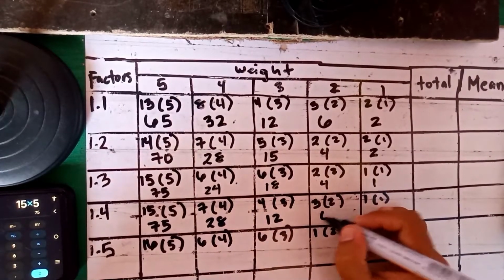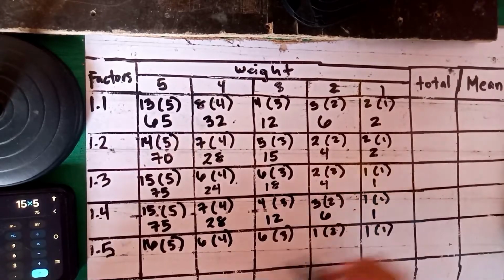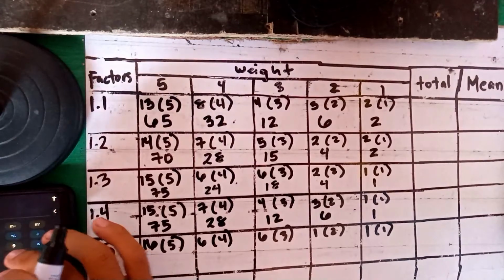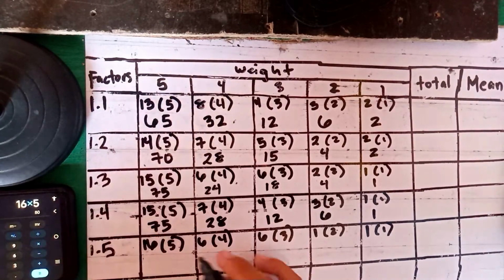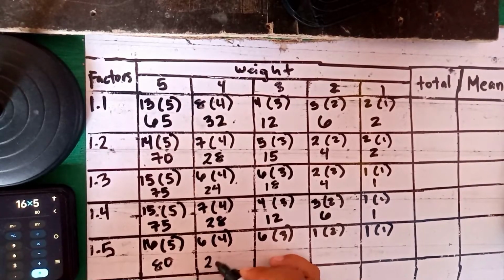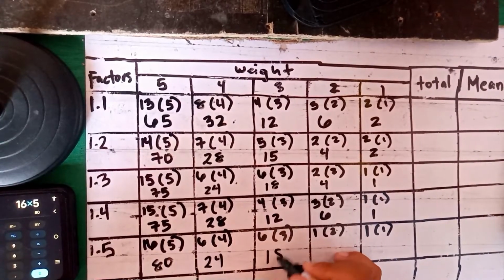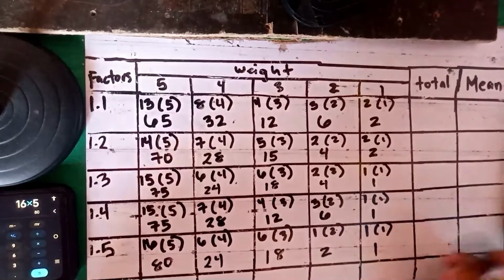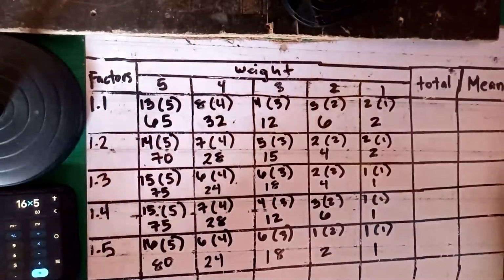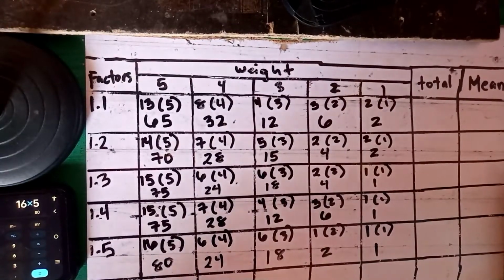And then 3 times 2 is 6. And then 1. So then we have 16 times 5. That would be 80. 6 times 4 would be 24. 18. 2. And then 1. So that's the process in getting the weight of our table.